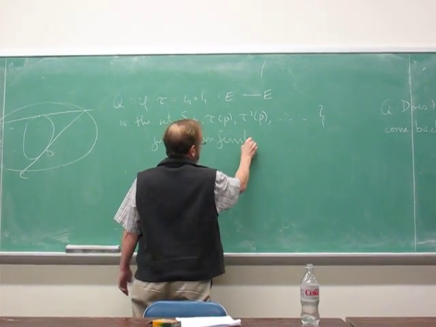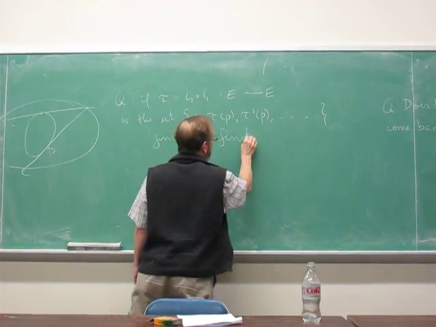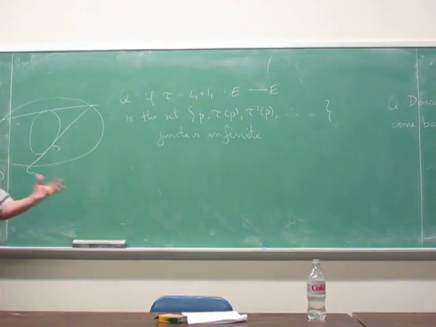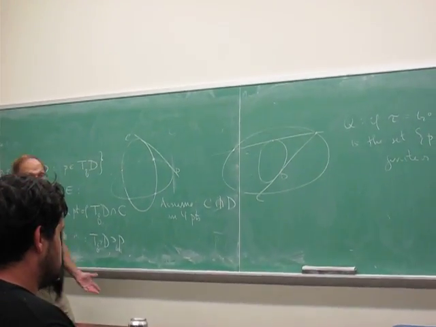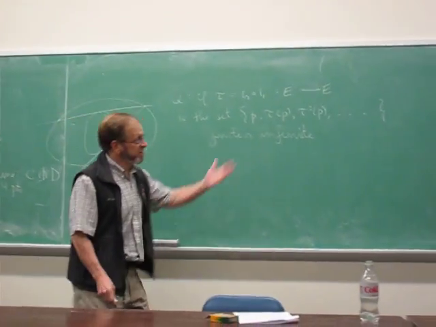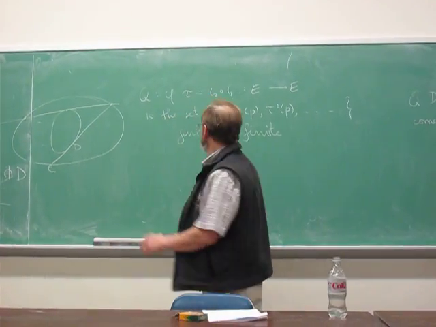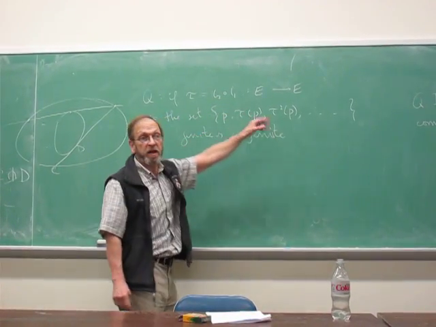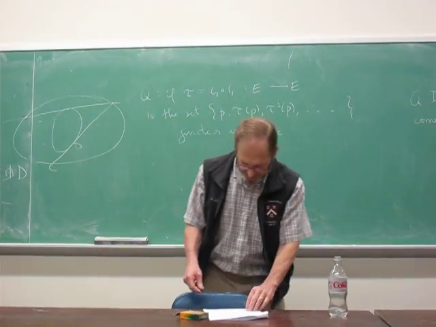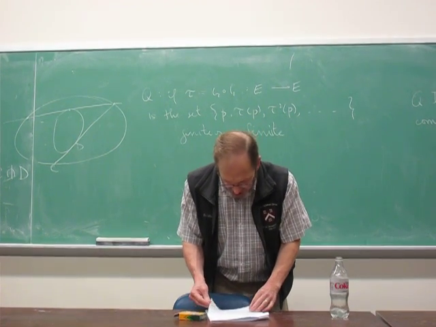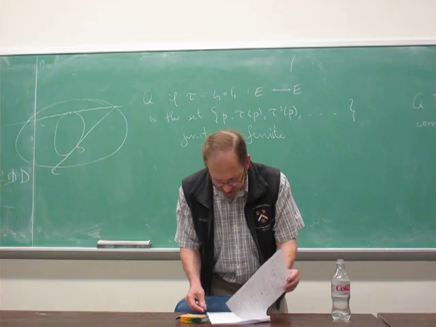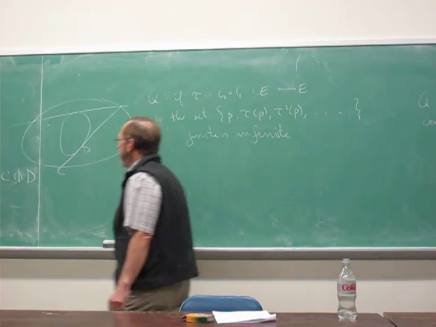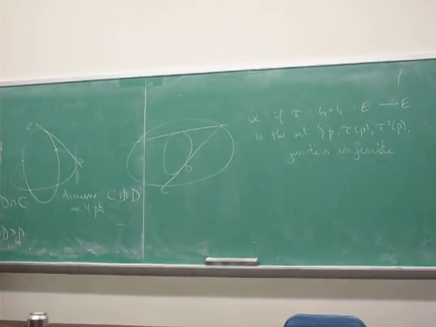And again, to say that it's finite is to say that there is such a polygon starting with vertex at P. To say it's infinite says there isn't. So Poncelet's theorem is saying that the answer to this question is independent of P. All right. So let me see if I can indicate briefly why this is true.